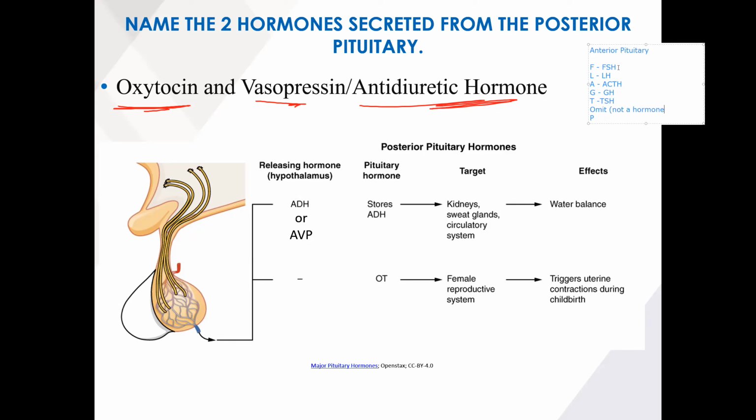There's just not enough vowels in this for it to be a good mnemonic. And the P is for prolactin. So FSH is follicle stimulating hormone, LH is luteinizing hormone, ACTH is adrenocorticotropic hormone, GH is growth hormone, TSH is thyroid stimulating hormone. So anterior, flag top, posterior, oxytocin and vasopressin.